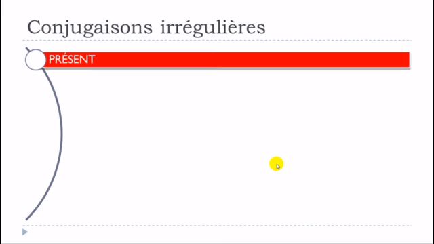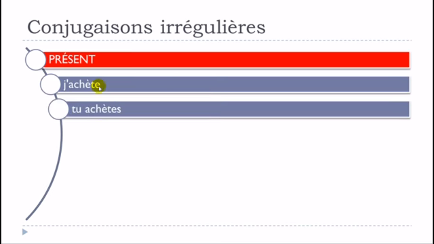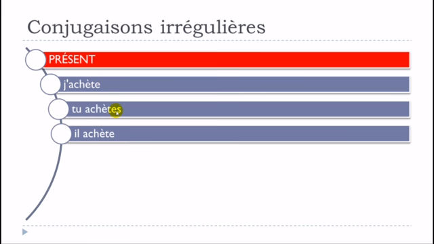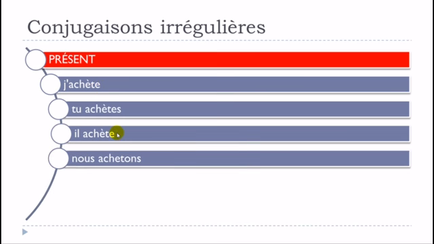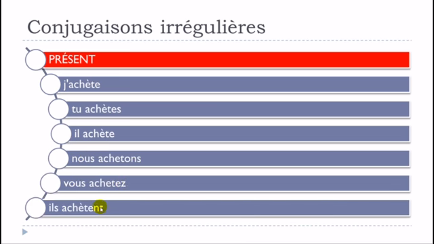Okay, so now we'll see the présent form, and then it goes like j'achète, tu achètes, il achète, nous achetons, vous achetez, ils achètent.